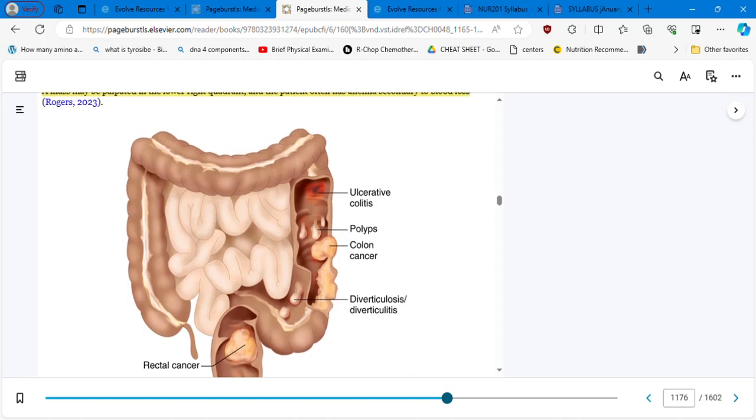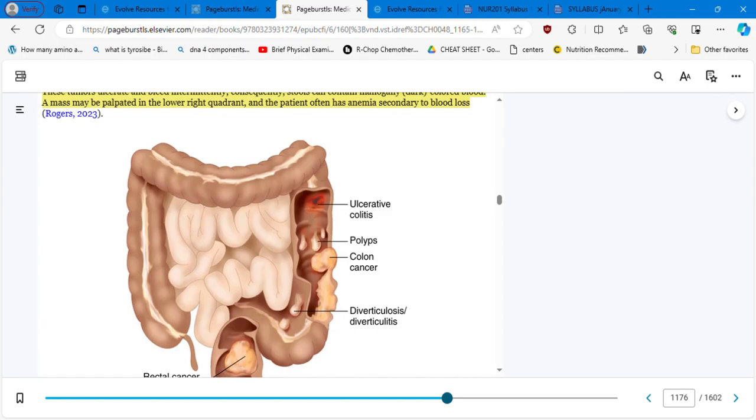Okay, those are not pouches like diverticulitis. These are polyps. These are really small masses, right? That we know the origin is mucus, right? And then little by little they start degenerating, and through the years they are going to convert into malignant. Ulcerative colitis, we have these little ulcers here.